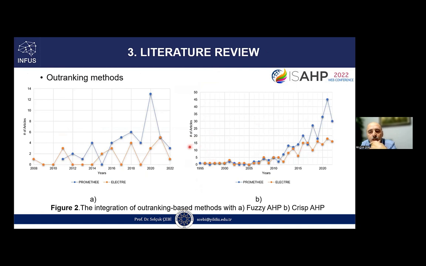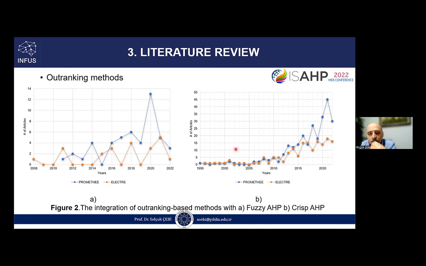These figures show that the PROMETHEE method is the most integrated method in the literature for both classical AHP and also fuzzy AHP.